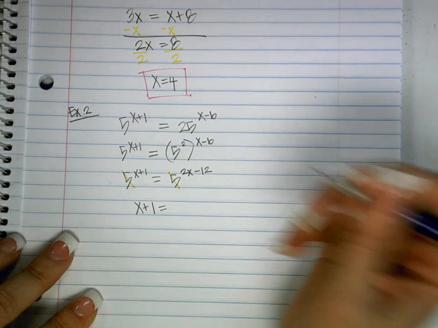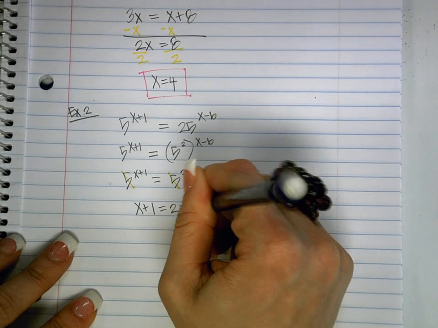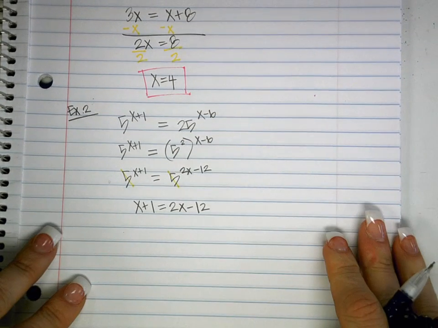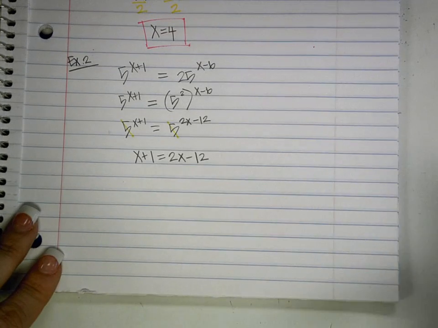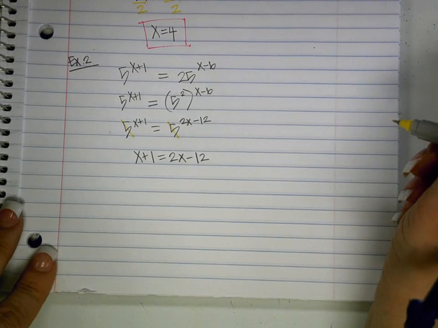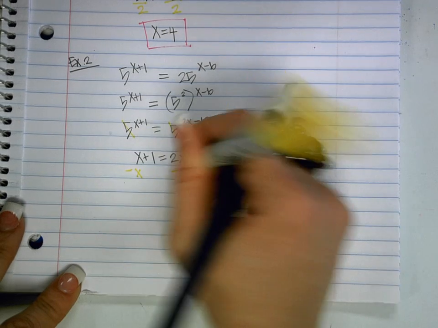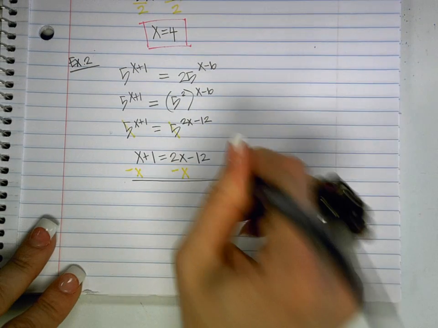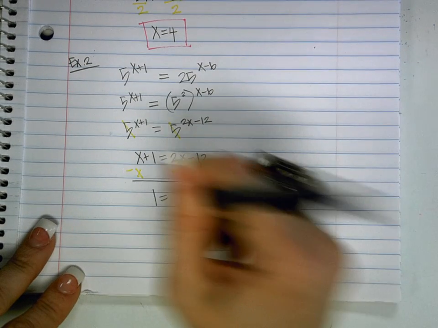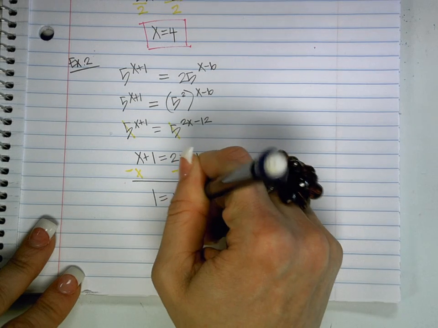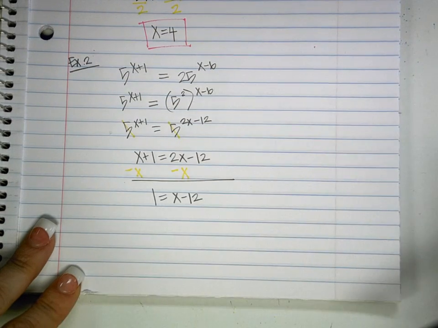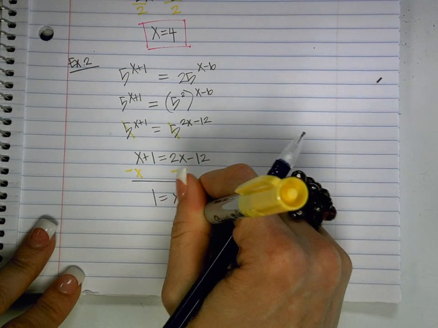So x plus 1 equals 2x minus 12. If I want to solve for x, I start by subtracting an x and moving it to the other side. It doesn't matter which side you move things to. So we get 1 equals x minus 12. To get rid of this 12, add 12 to both sides.